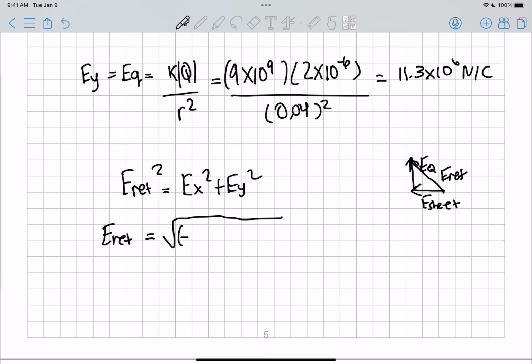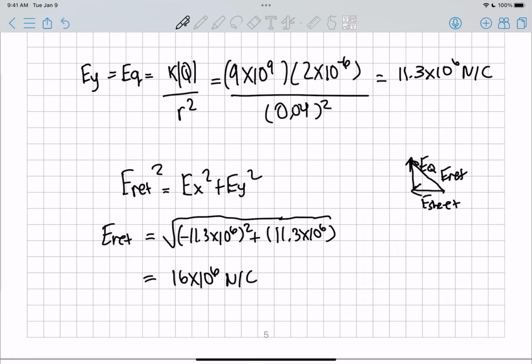So one is negative 11.3 times 10 to the 6th. We square it, it doesn't matter because the square gets rid of the negative sign, and then 11.3 times 10 to the 6th. And then you get your E net, which should be like 16 times 10 to the 6th, based on the key.